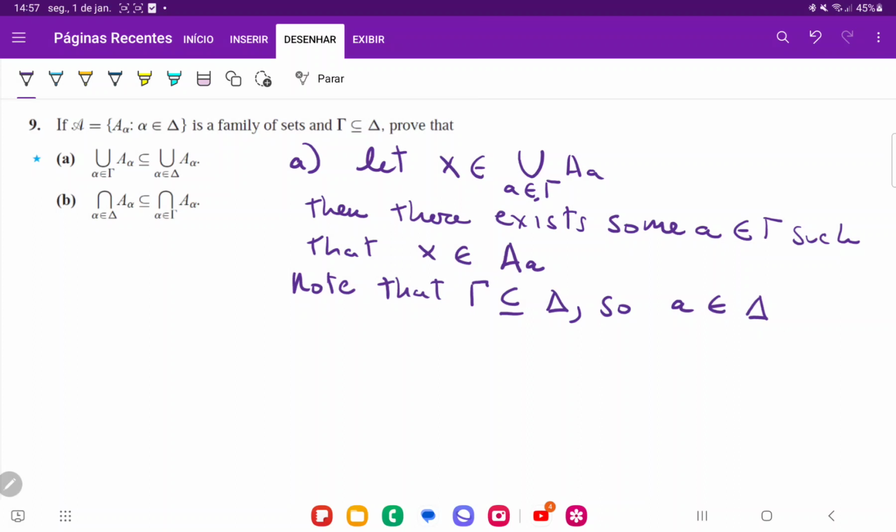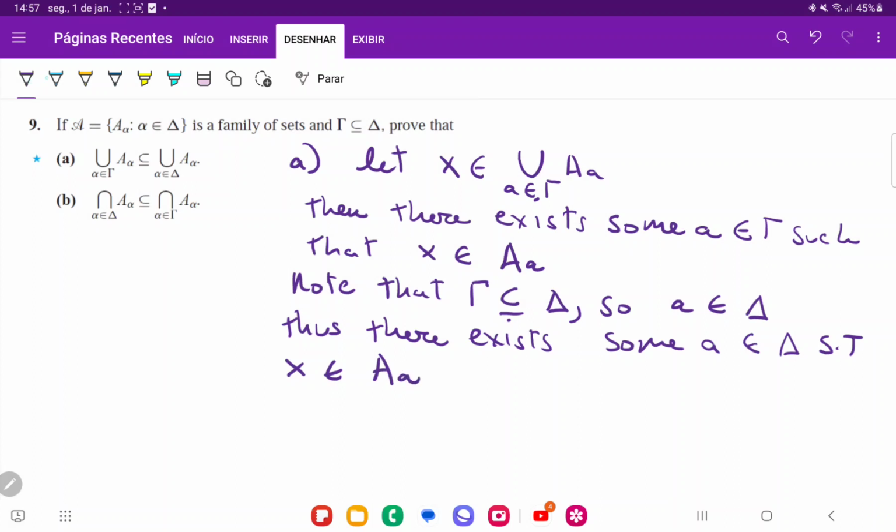So therefore, this means that thus there exists some A belonging to delta such that X belongs to A sub A, because we said that if X belongs to the union, then X belongs to A sub A for some index A. And then since that index is contained in delta, this fulfills the definition that X belongs to the union.